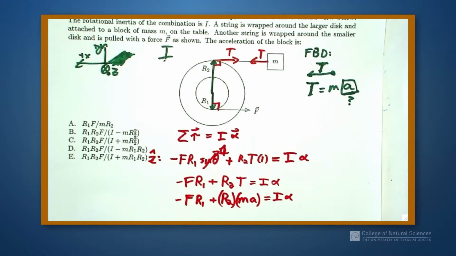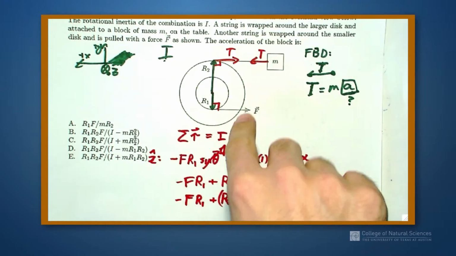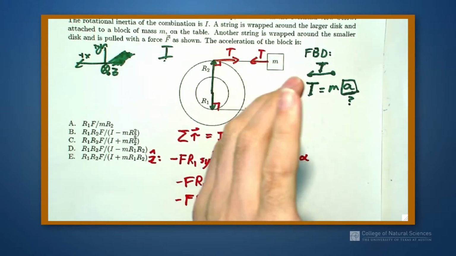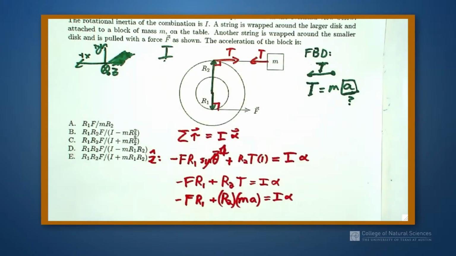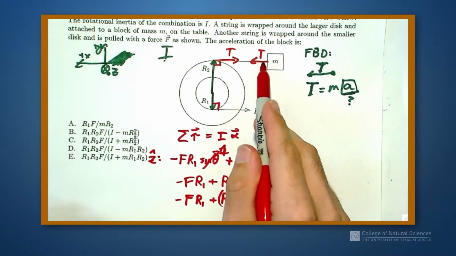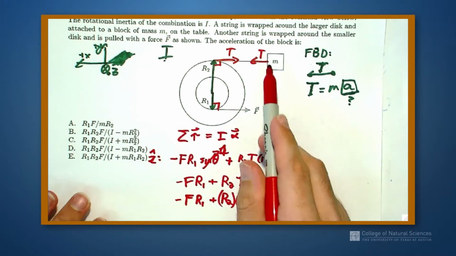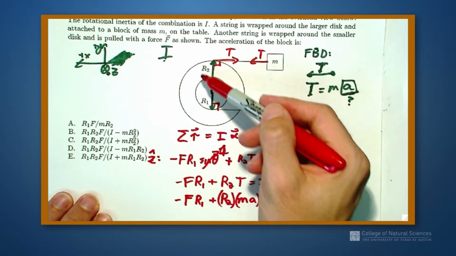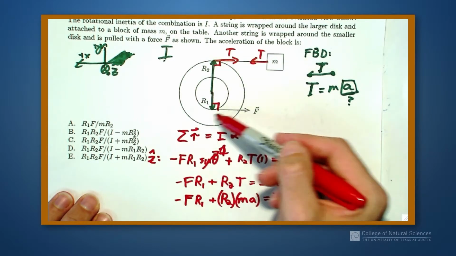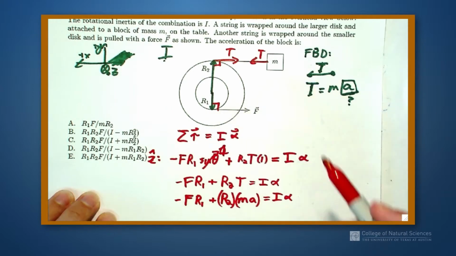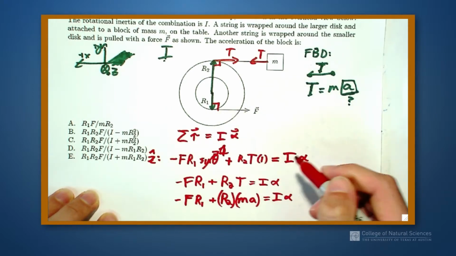Let's see, if alpha is into the page, what does that mean? It's actually opposite of my acceleration. If this thing starts at rest and starts to speed up, this angular acceleration is probably going to be a negative value.